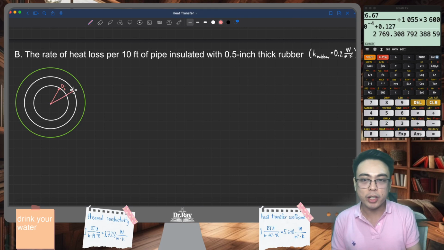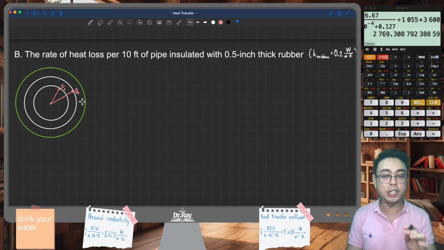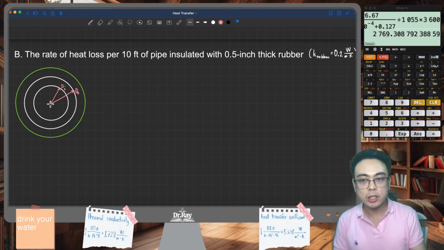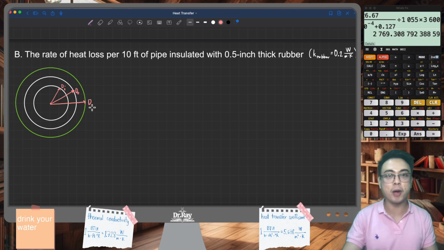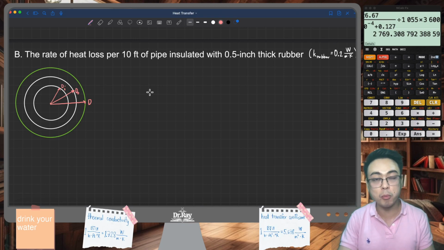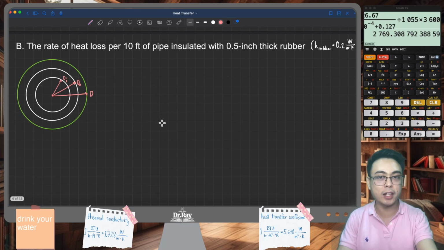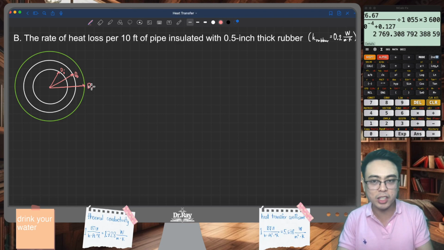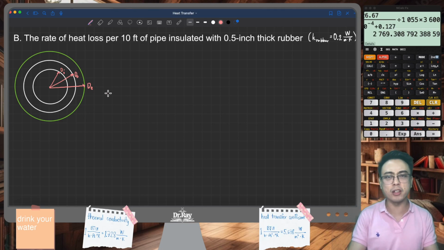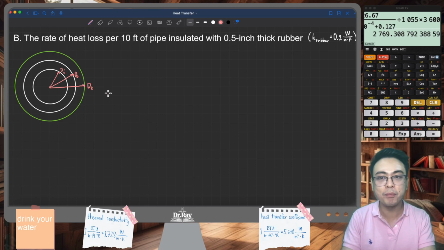The second one right here is the outer diameter of the pipe. We used DO for that, but then we have introduced a third diameter. This is the overall external diameter once we have applied the rubber. As you can understand, your total external diameter should be larger than the external diameter of the pipe. I'm going to call this DE to signify the external diameter.